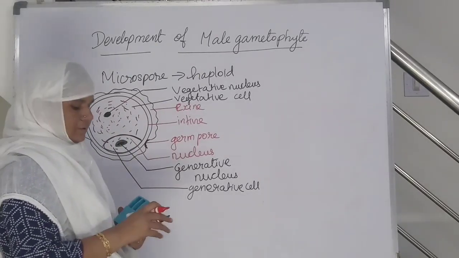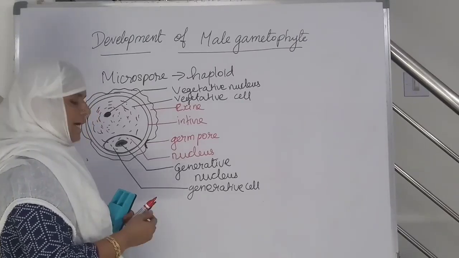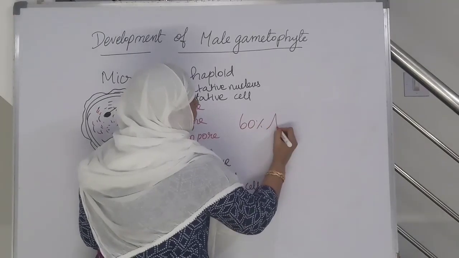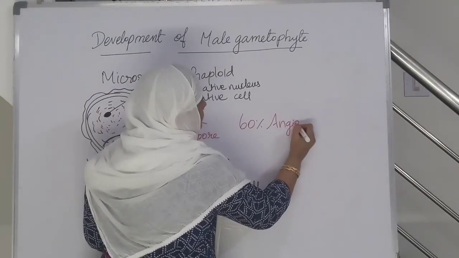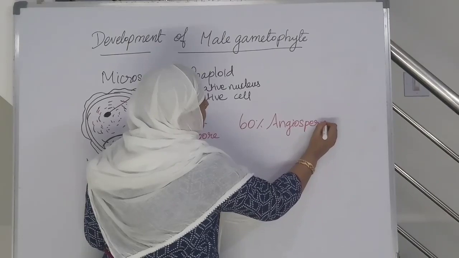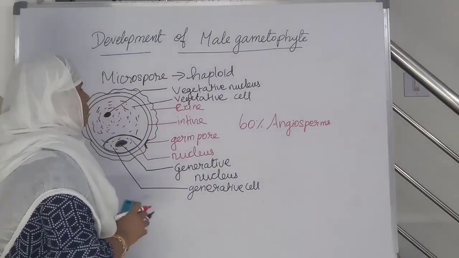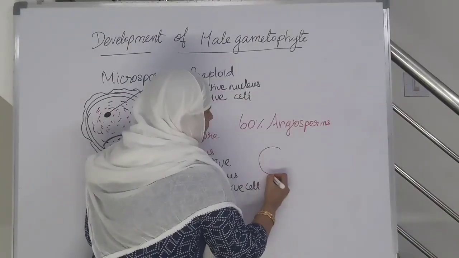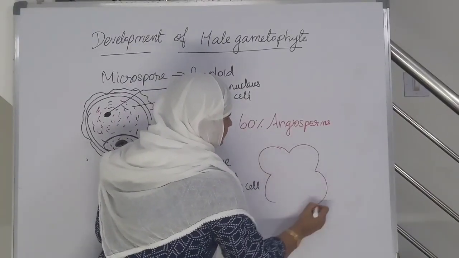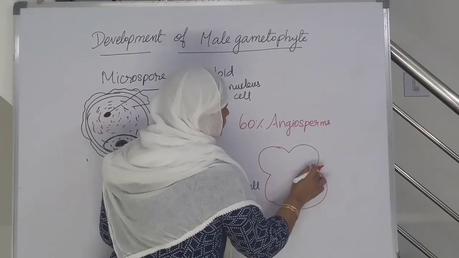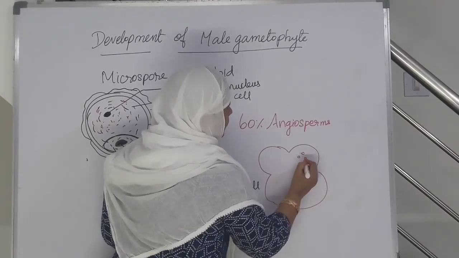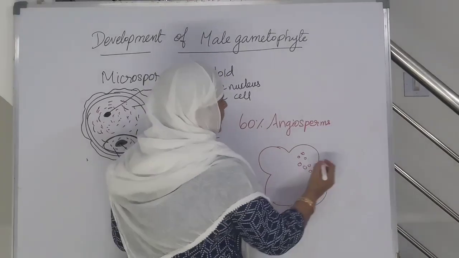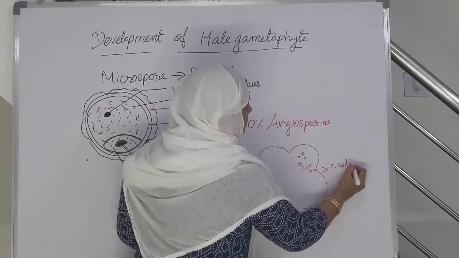In most plants, that is, in 60% of the angiosperms, the pollen grain is liberated from the microsporangium in the two-celled stage.